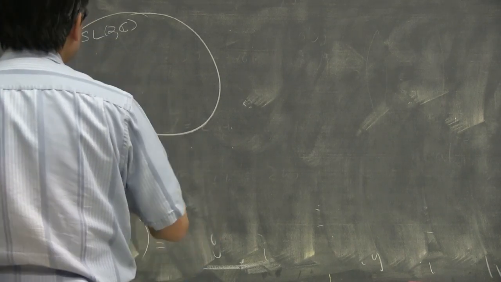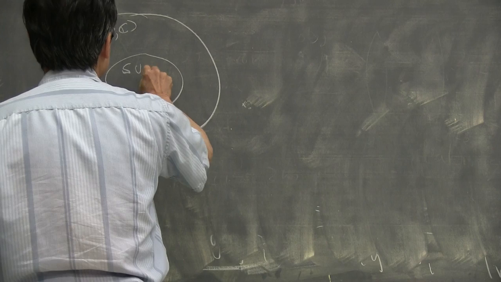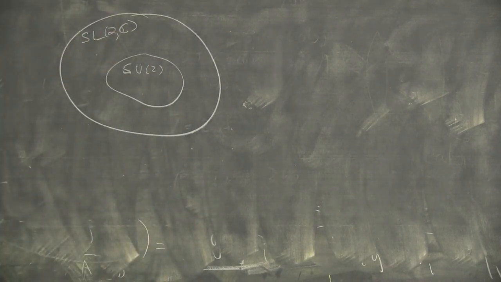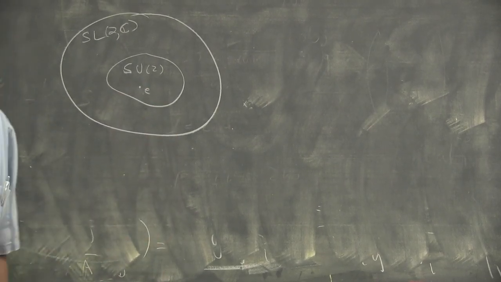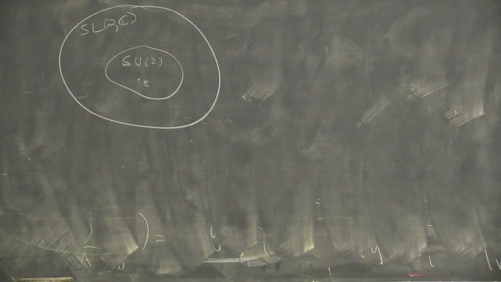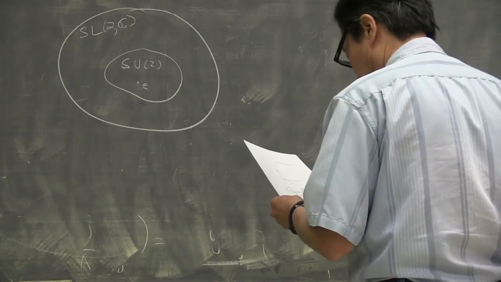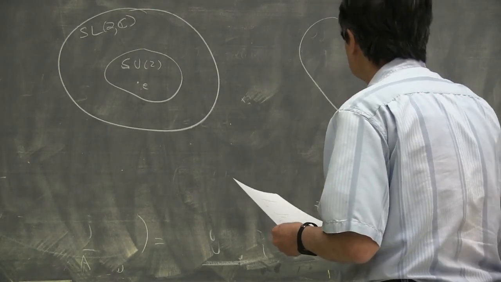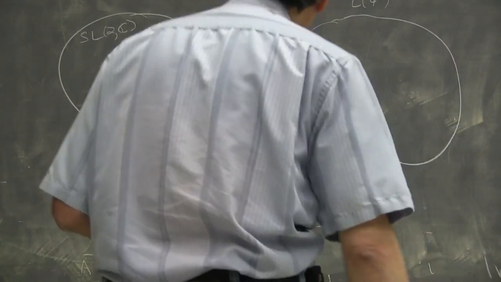There's a subgroup which is SU2. And the identity, of course, lies somewhere inside of SU2. And the homomorphism maps anything in SL2C to the Lorentz group. Let's say the whole thing is Lorentz group L4.